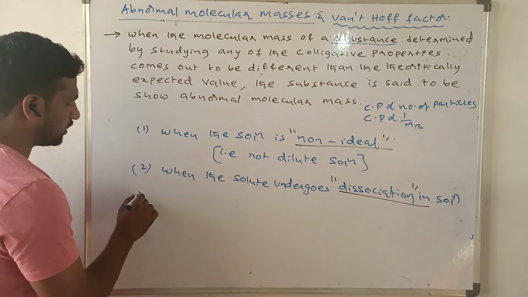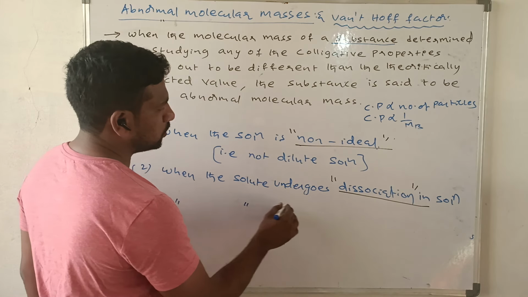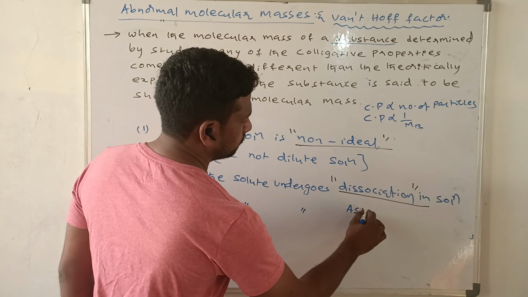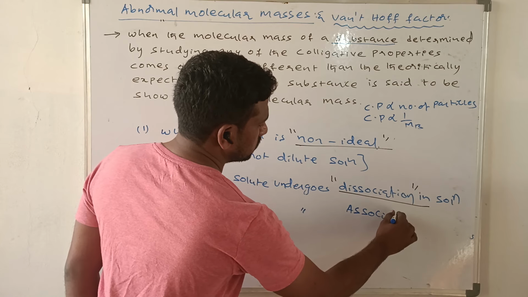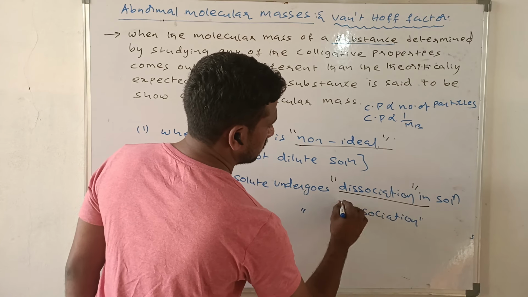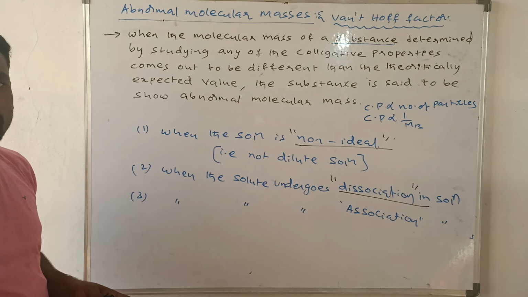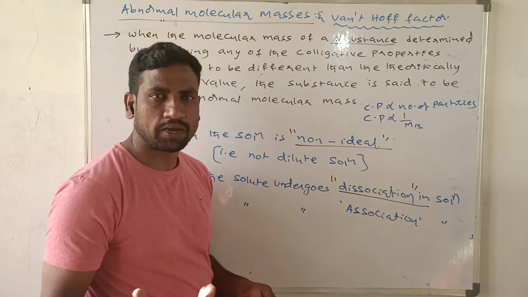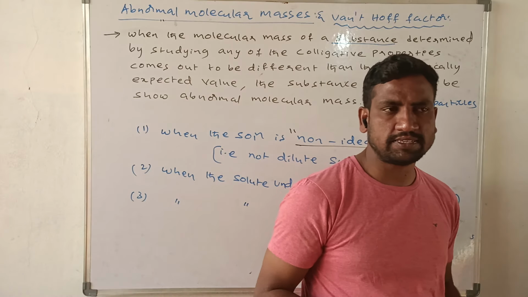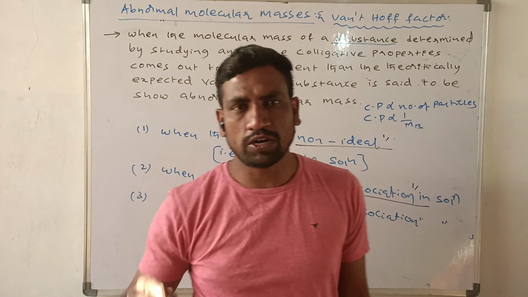And the other one is when the solute undergoes association, in such a case also we are going to get a different molecular mass for the solute. That means abnormal molecular mass. In the three cases we are going to get abnormal molecular masses.